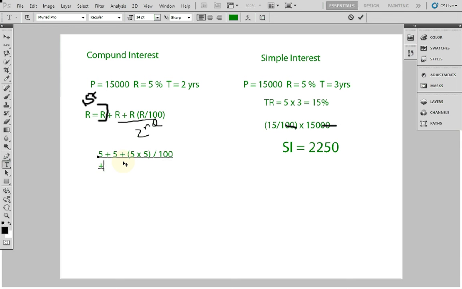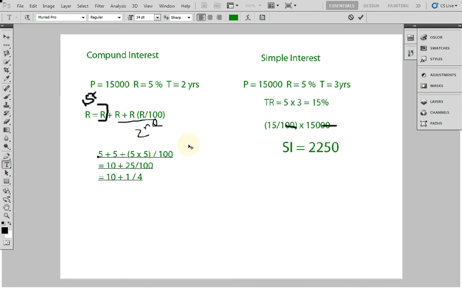Here 5 plus 5 is equal to 10 plus 25 divided by 100, which is nothing but 10 plus 1 by 4.